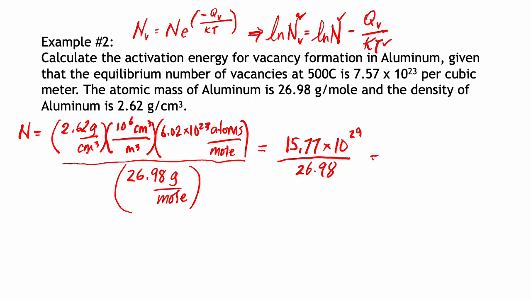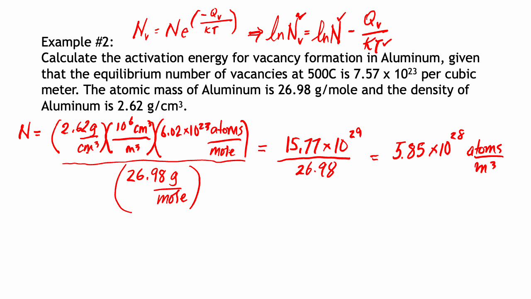So I'm going to end up with N being equal to 5.885 times 10 to the 28th lattice sites, or atoms per cubic meter. Okay, so I've got N.